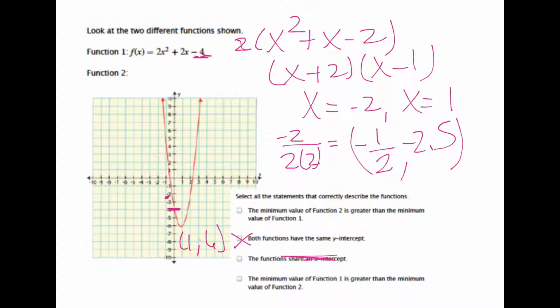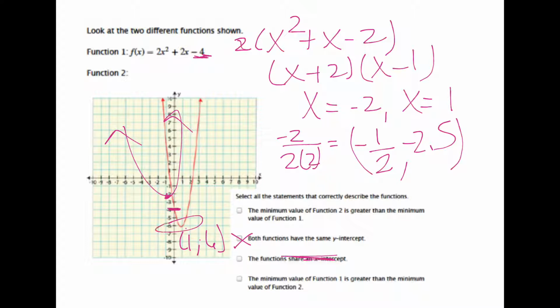And it's going to go like this. The minimum value of function 2 is greater than the minimum value of function 1. Is negative 2 greater than negative 6? Or I guess I should say the other way around.